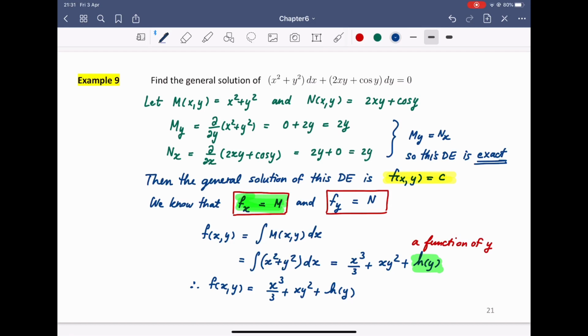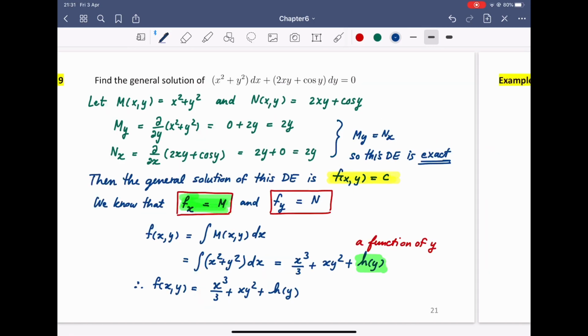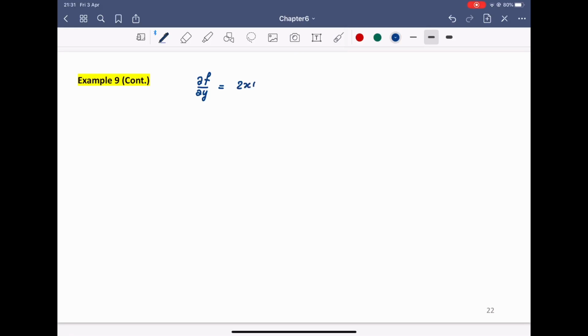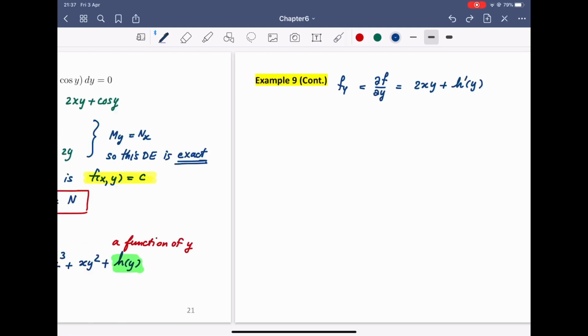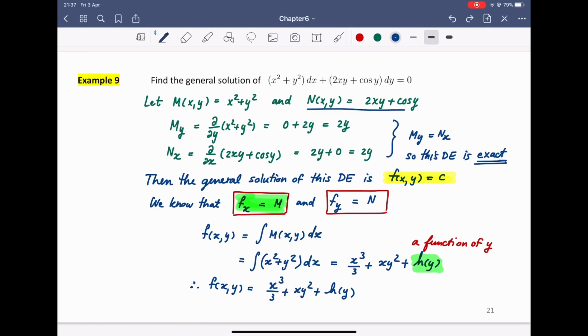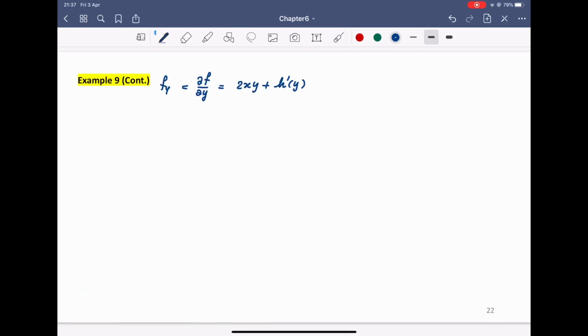And then differentiate h(y), I get h prime of y. So that is equal to 2xy plus h prime of y. And this is f sub y, which is assumed to be the same as n, which is 2xy plus cosine y.